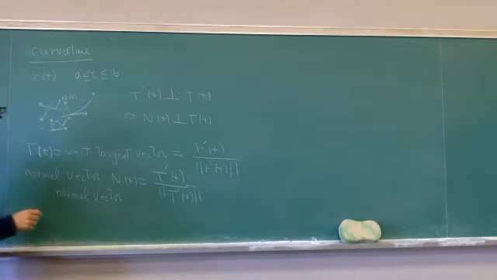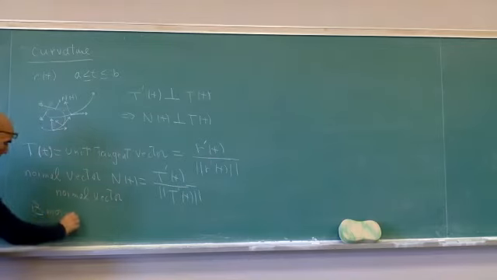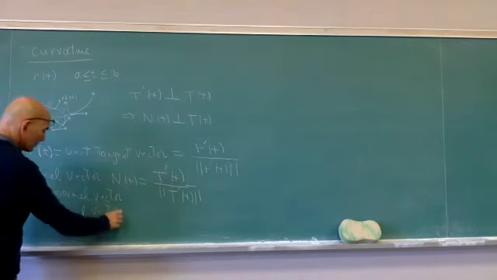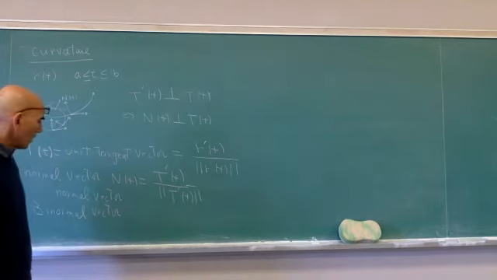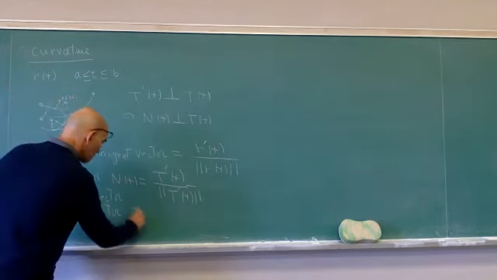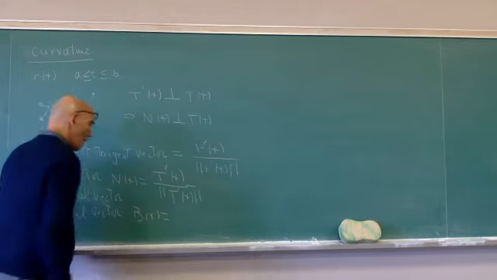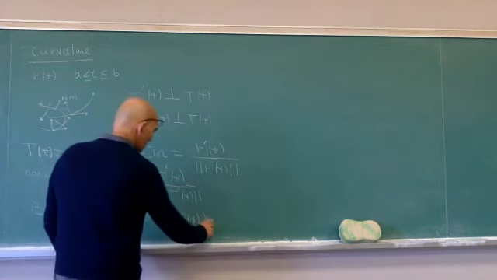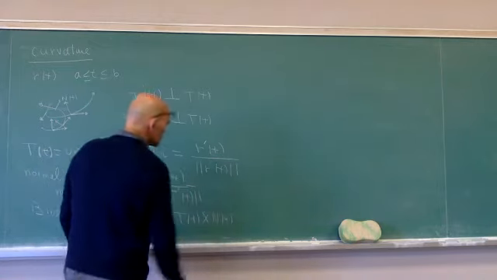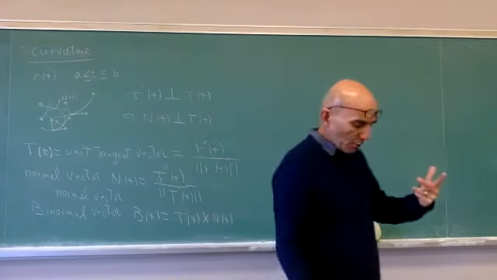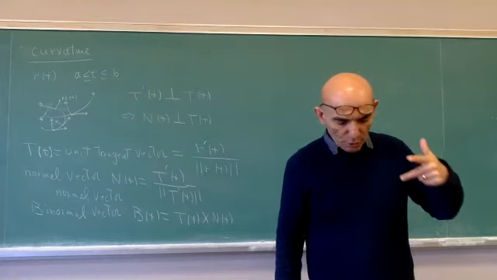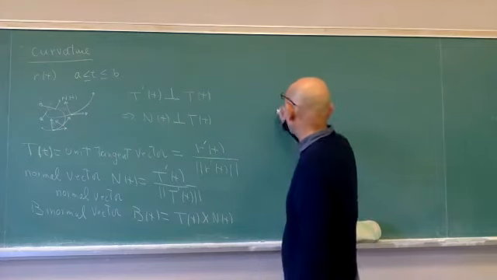But then there was a third vector, which was the binormal vector. The notation was B of t, I think it was T of t cross N of t. So these three vectors, T, N, and B, form a right-handed orthonormal frame at each point on the curve.